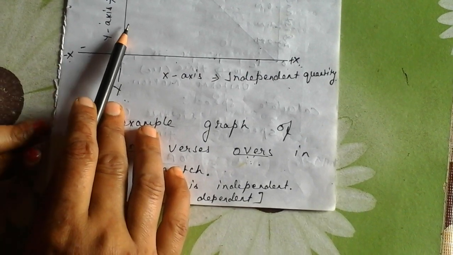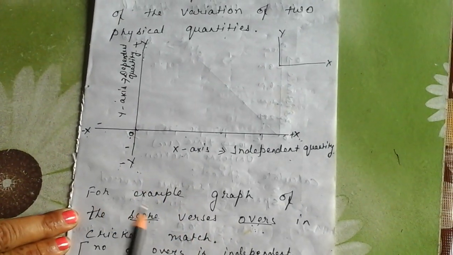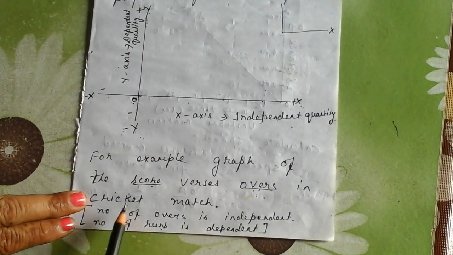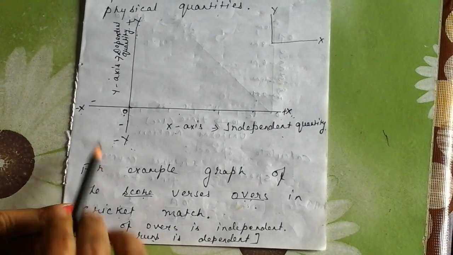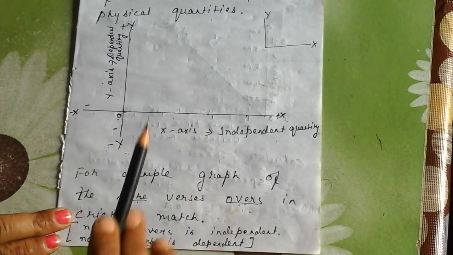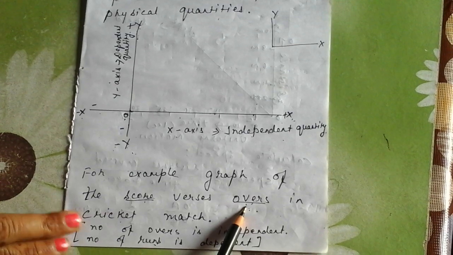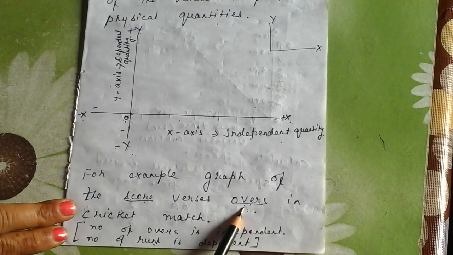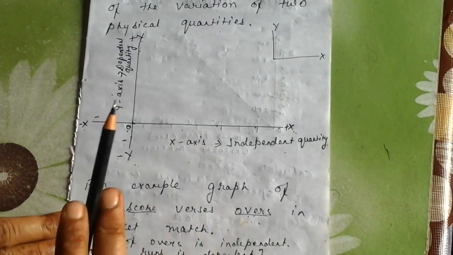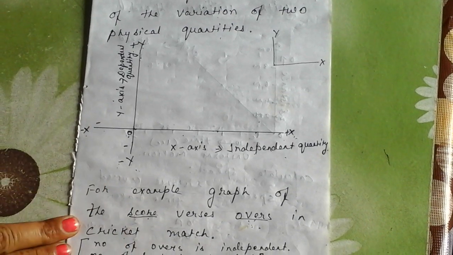A very common example I am giving you. All of you are seeing cricket. In a cricket match, if we draw the graph of score versus overs, which one will we choose for overs and which one for score?